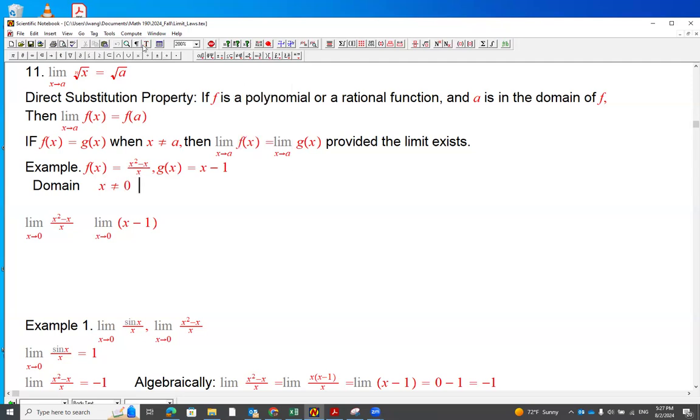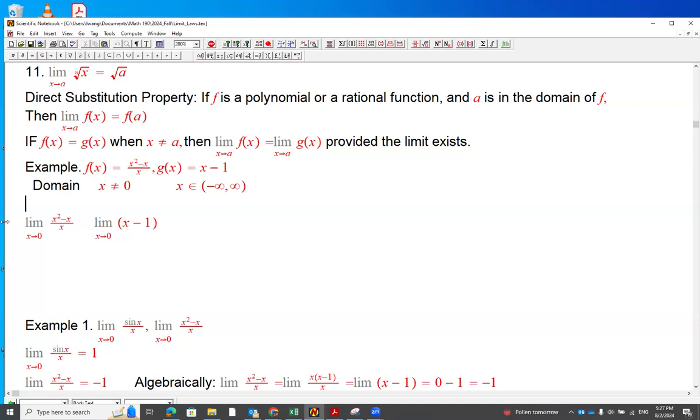The latter, the domain is x is all real numbers, from negative infinity to positive infinity. But these two functions are equal as long as x is not 0.